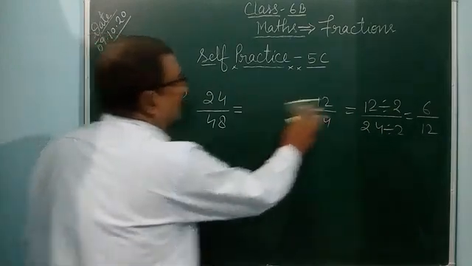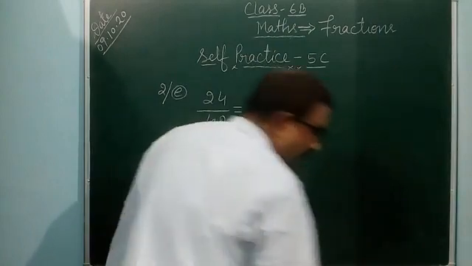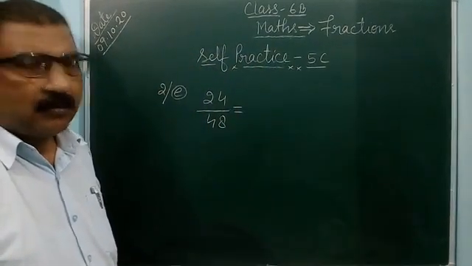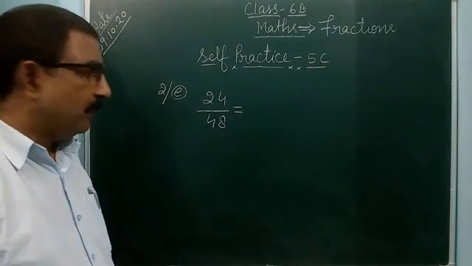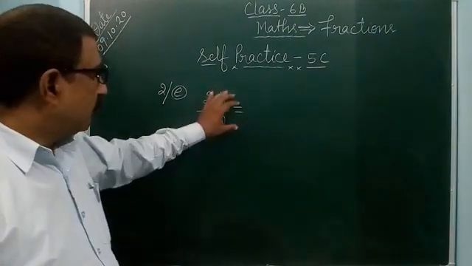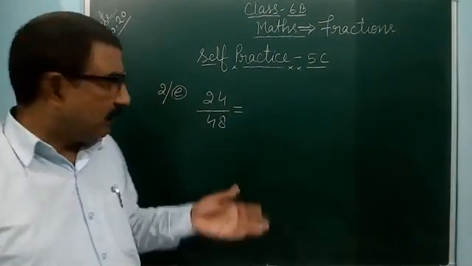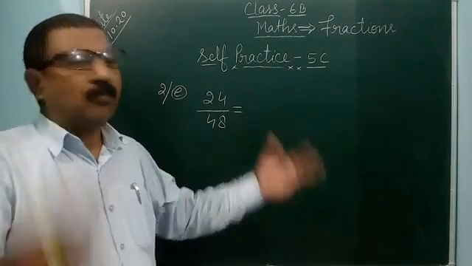Answers may vary. If you are dividing, the answers come out lowest, lower and lower, undivided further. But if you are multiplying, the numerator and denominator get more and more.